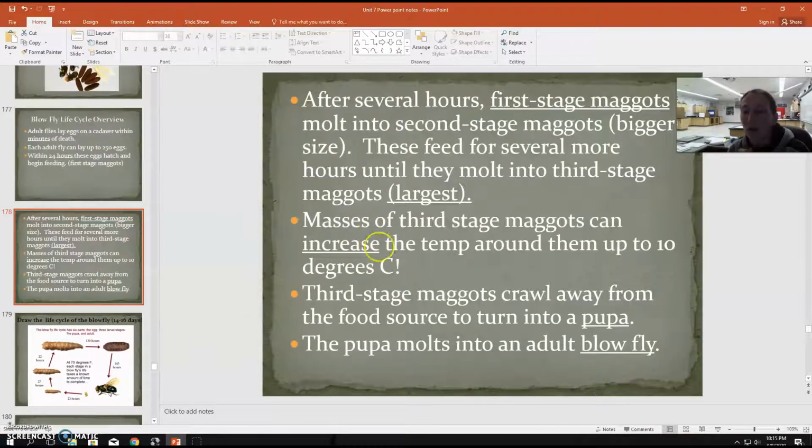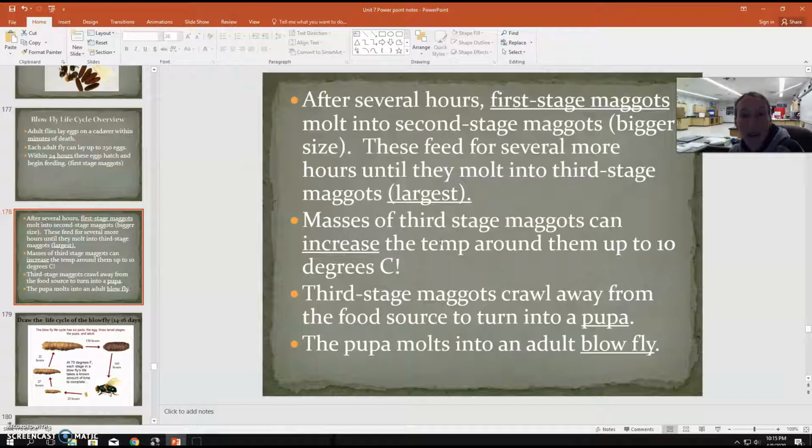Oh, this is an interesting fact we better mention: the more maggots, the more living things you find on a body, it is going to increase the body's temperature. So remember we talked about algor mortis, and your body's going to drop 1 degree Fahrenheit per hour.